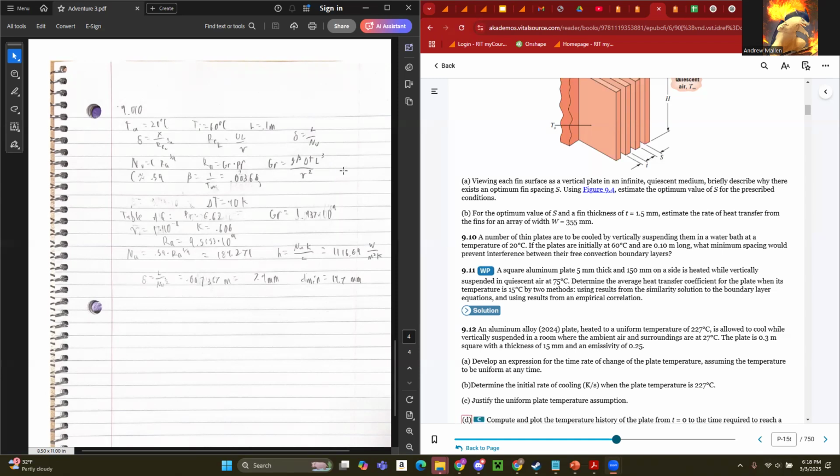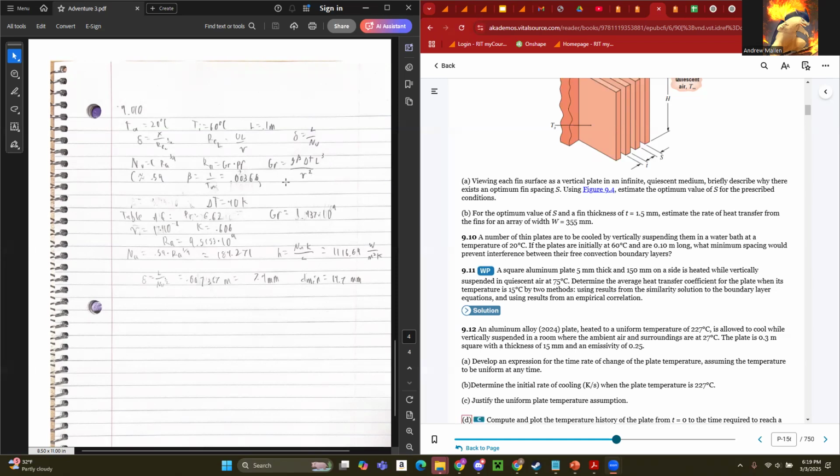kinematic viscosity squared. So in this instance, since we're dealing with water, beta is equal to 1 over the temperature of the water, which is 1 over 20 C, or 1 over 293 Kelvin, which is equal to 0.00366 per Kelvin.